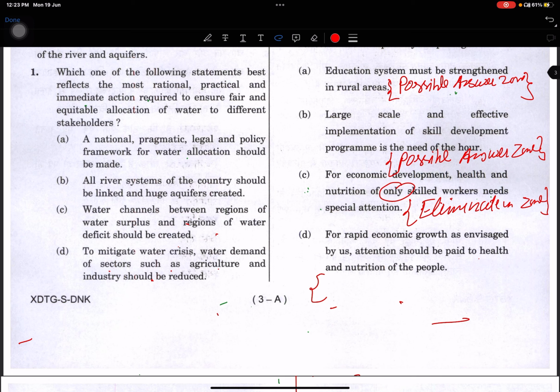You can see it is saying for rapid economic growth, attention should be paid to health and nutrition of the people. Simple. अगर राम अभी अनस्किल्ड है और इंडिया को इकोनॉमिक पावर बनना है, तो राम को न्यूट्रिशन भी देना पड़ेगा, एट द सेम टाइम स्किल भी देना पड़ेगा. सो इसलिए न्यूट्रिशन की बात, सिंपल है, ब्रॉडर टर्म है, पॉसिबल आंसर जोन में जा सकता है.